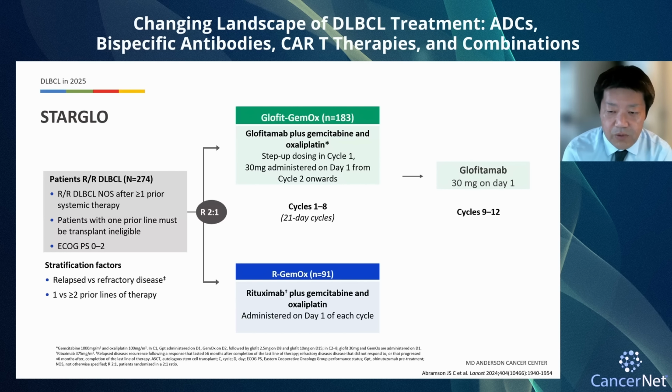For patients enrolled in the second-line setting, the patient needed to be ineligible for transplant, because if they are eligible for transplant, they probably should go to CAR T directly instead of enrolling in this clinical trial. In this study, patients were randomized to receive either 8 cycles of glofitamab plus GemOx followed by 4 cycles of glofitamab monotherapy, or 8 cycles of R-GemOx as a control arm.